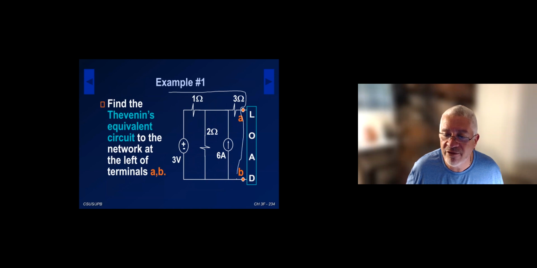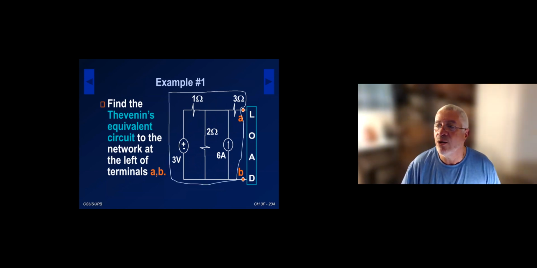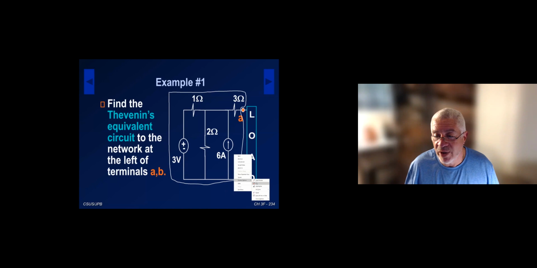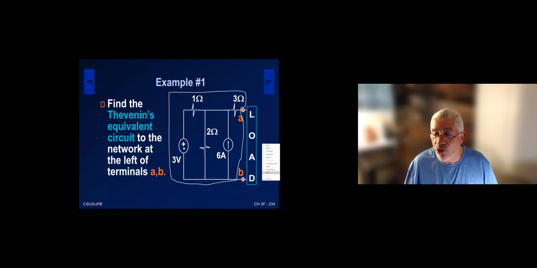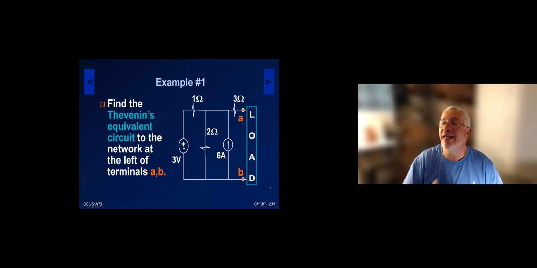The only thing that should not be included in the model is the load, which we don't even know, but we want the model to take care of everything to the left of A and B. So when we are asked for a model, you need to first produce the model and then find VOC and RTH for the circuit.